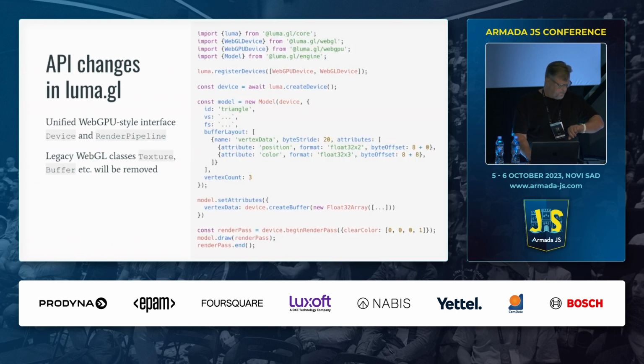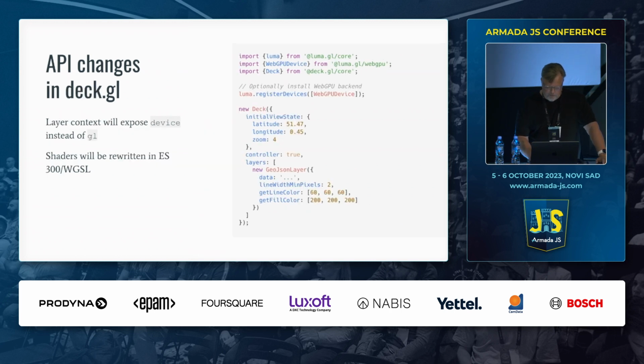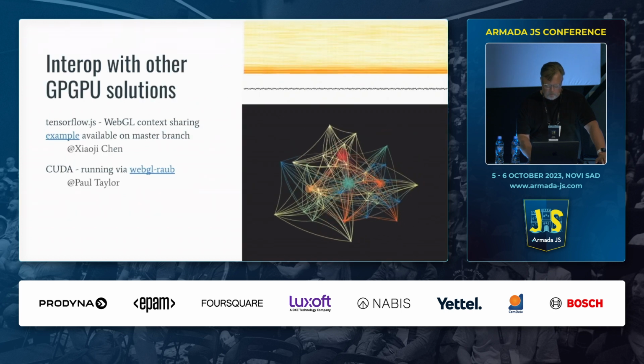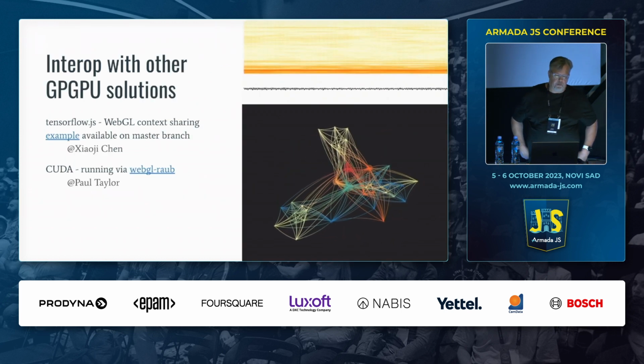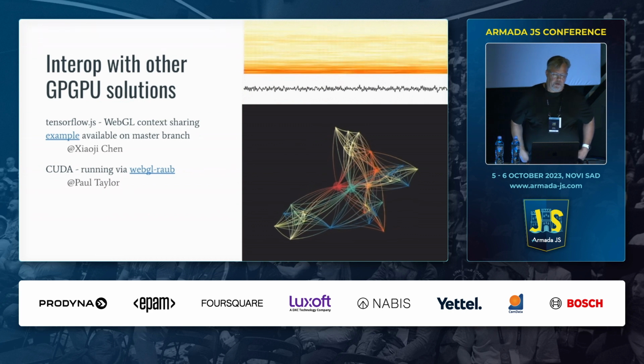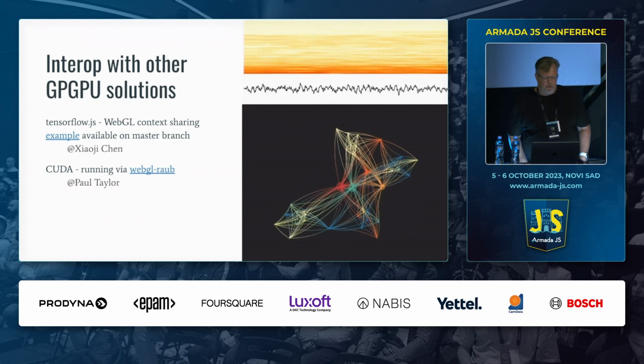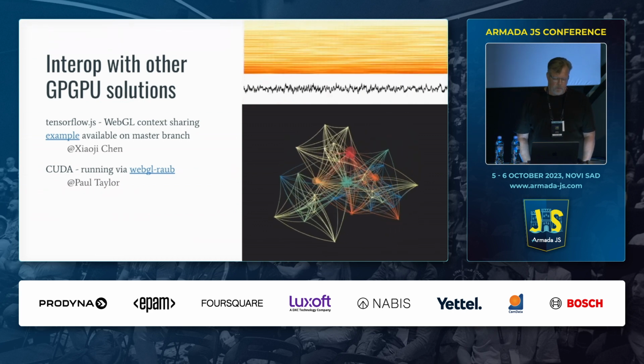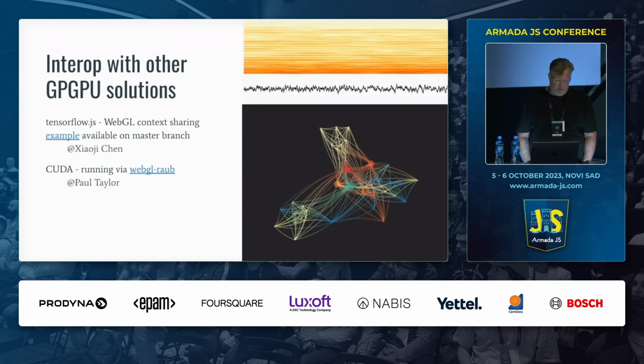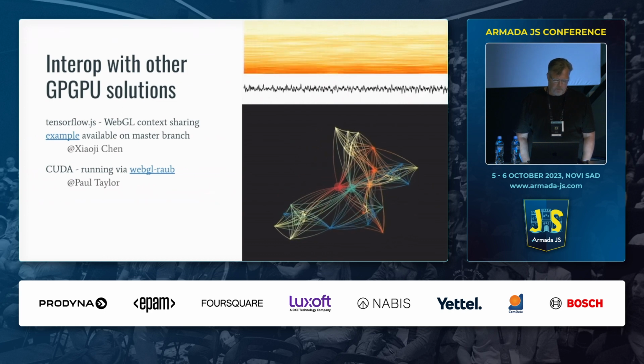I guess time-wise, I don't know if I have time to go into the details of the API changes, but what we're also working on is interoperability with other GPU solutions. And so we're working with TensorFlow. We already have examples up on this.